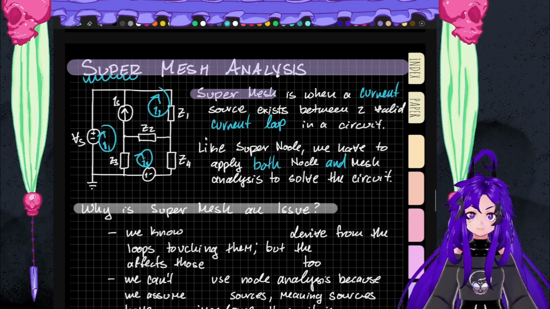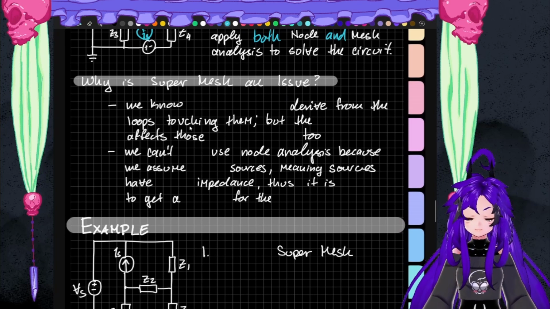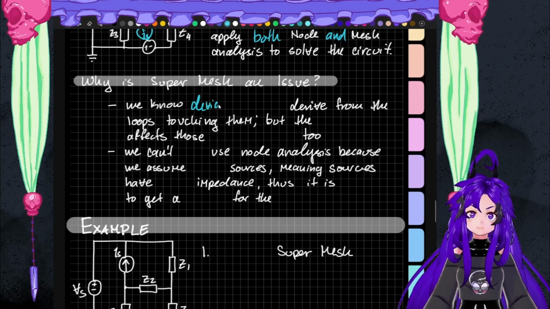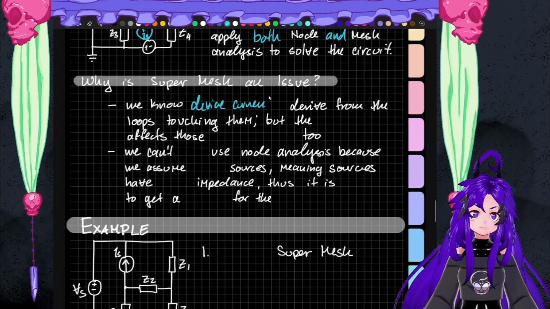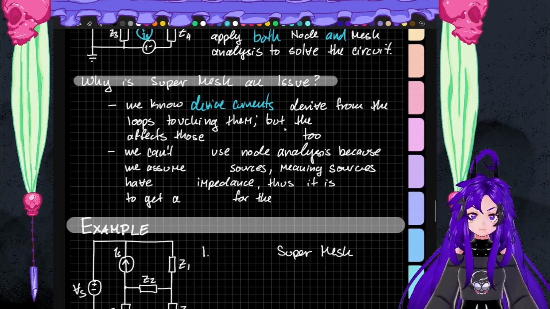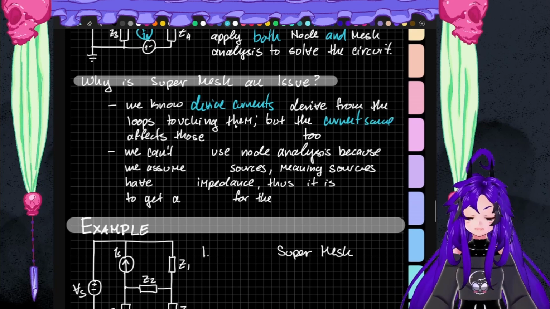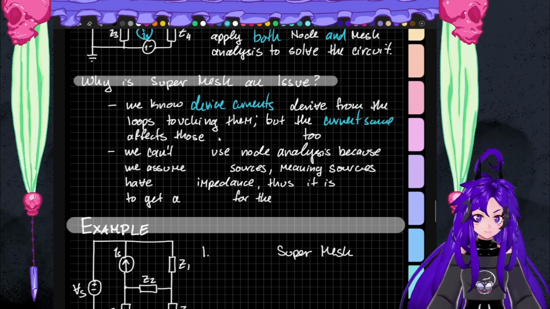So first of all, let's figure out why supermesh is an issue. We know that device currents derive from the loops touching them, right? But the current source affects those loop currents too.